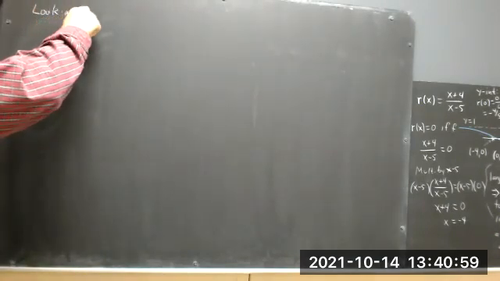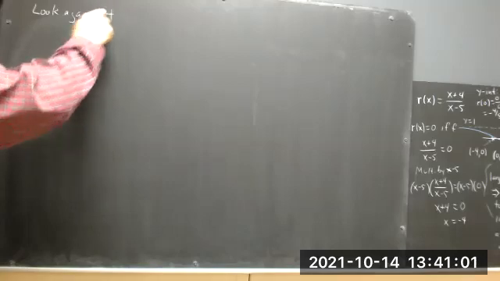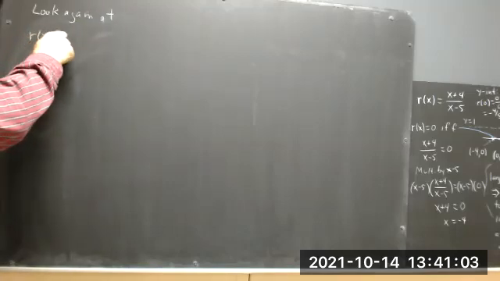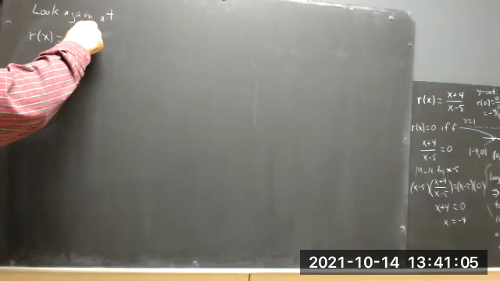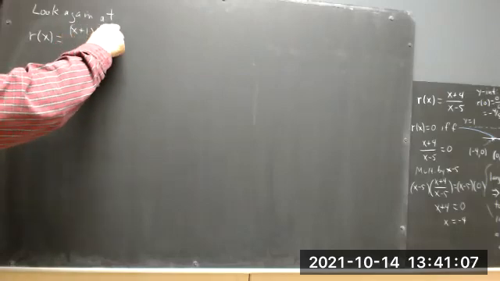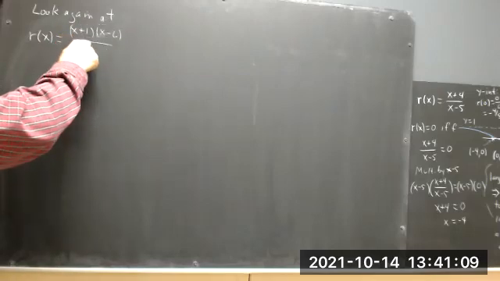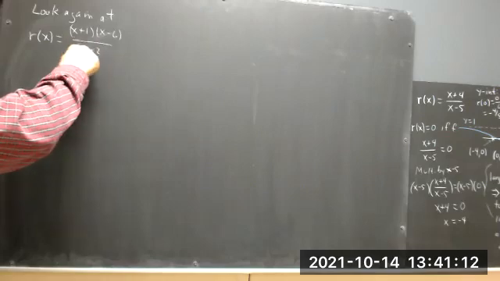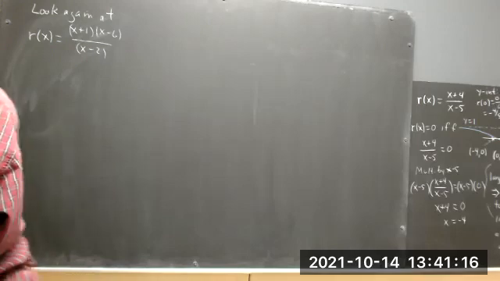So we want to look again at r of x equals (x plus 1)(x minus 6) over (x minus 2). Everything we did is right, sort of, except that at the far left and far right, it is not quite correct.